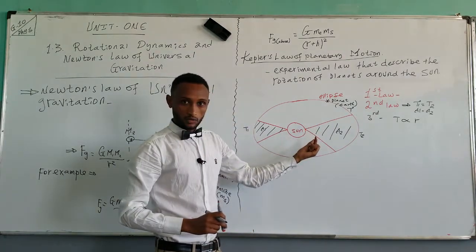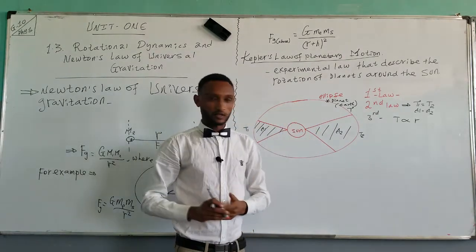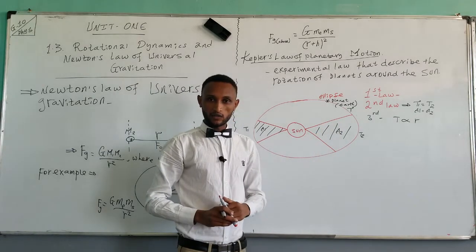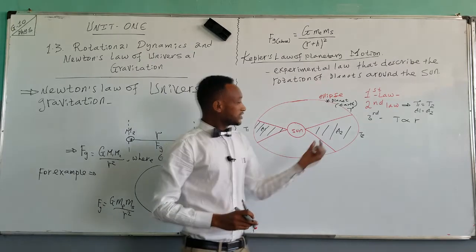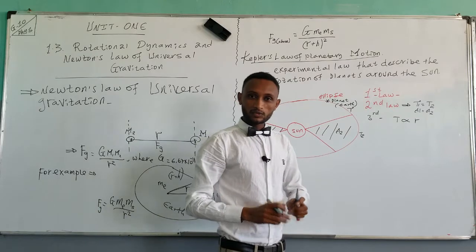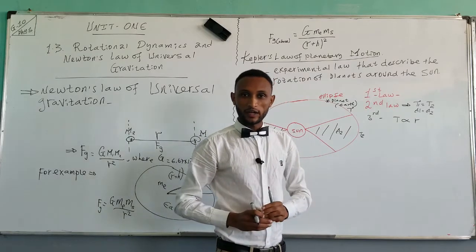Now, in the third law, Johannes Kepler described that the square of the period is directly proportional to the cube of the average distance between the sun and the planets.